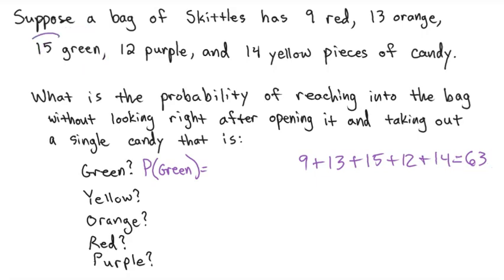There's 15 green in the bag, so that's 15 divided by the total number, 63. So 15 out of 63. If you want to be absolutely precise, you'll just write 15 divided by 63, and then you're done.